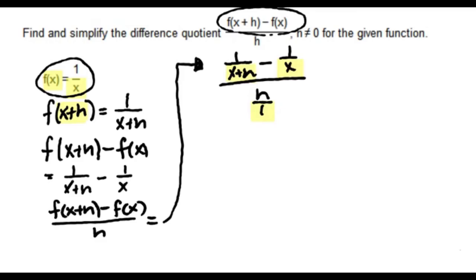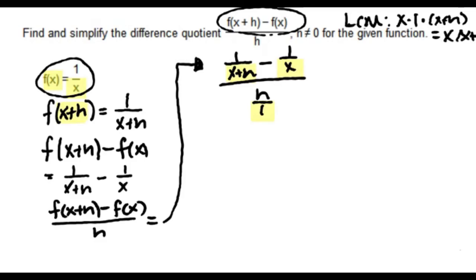That least common multiple is the product of each of those factors: 1 times x plus h times x, which is x times x plus h. So that's our least common multiple.